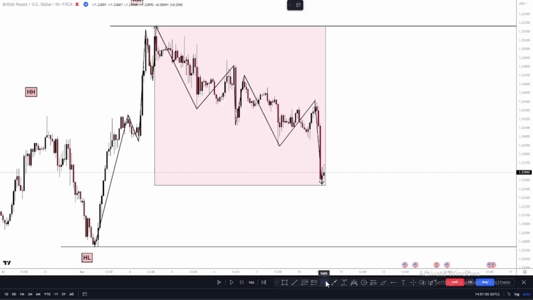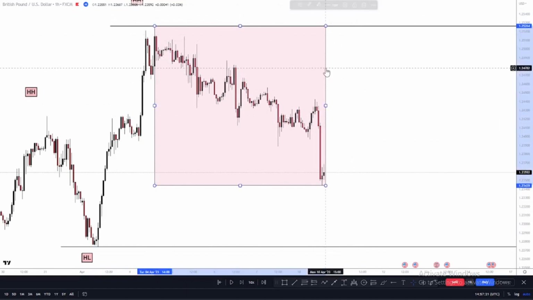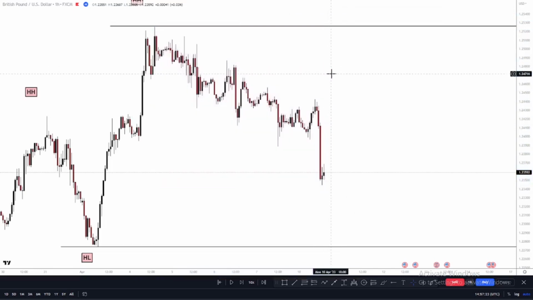So do I just rush and take a trade here, thinking from here price will just shoot up? No, I don't do that. What do I do? I wait for a shift in structure. I repeat, I wait for a shift in structure.